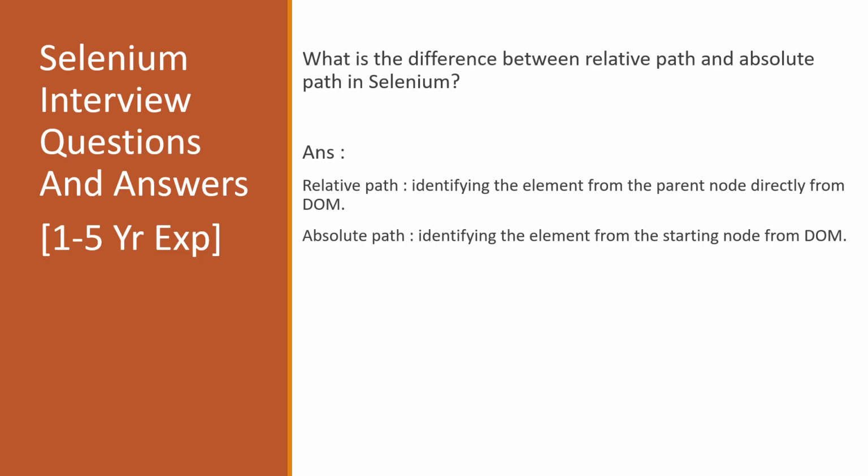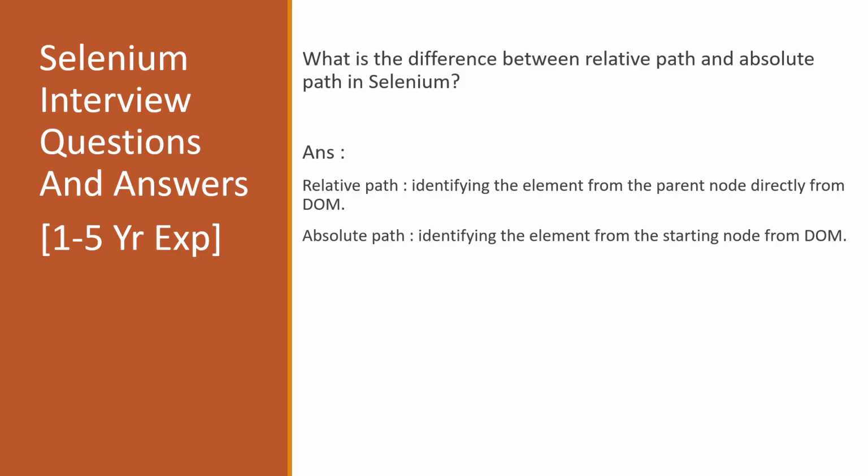Next question is a very basic question, but many of you guys are not able to answer properly. What is the difference between relative path and absolute XPath in Selenium, and which is best to use and why? This is a very important question. In an interview they will ask this particular question 100%.